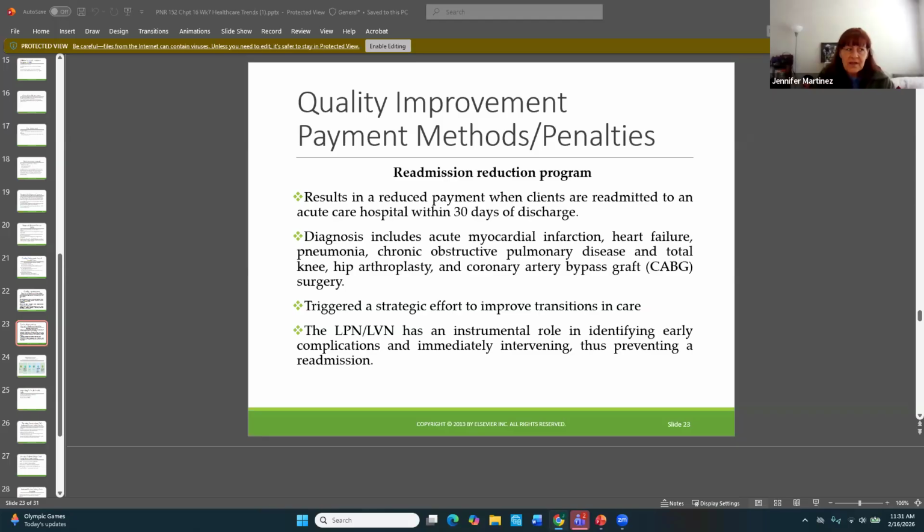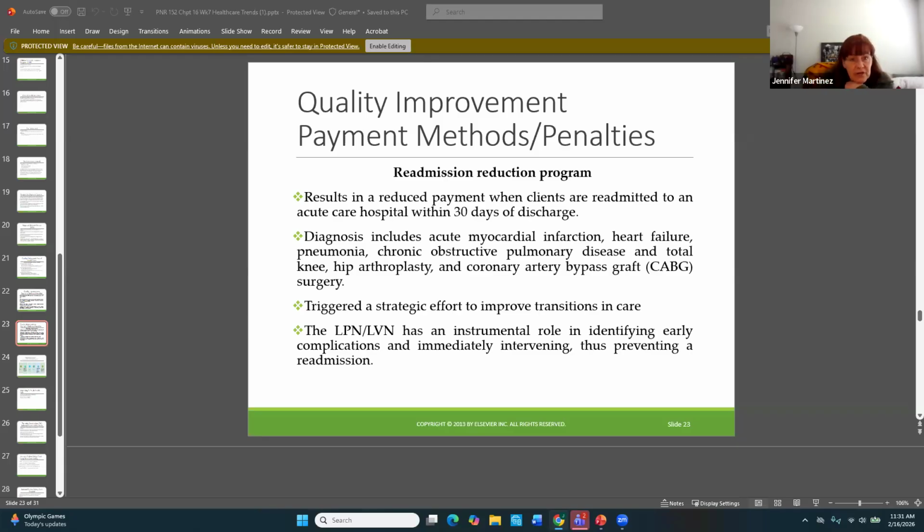Sometimes it's even the care managers or the social workers that are following up with the patients once they get discharged, so we can try to intervene before any complications occur.